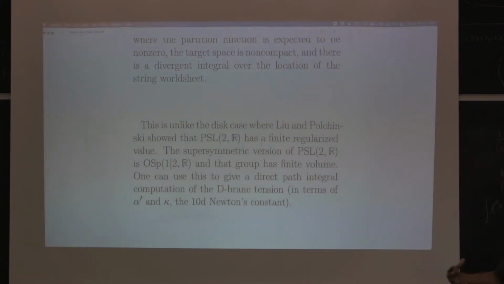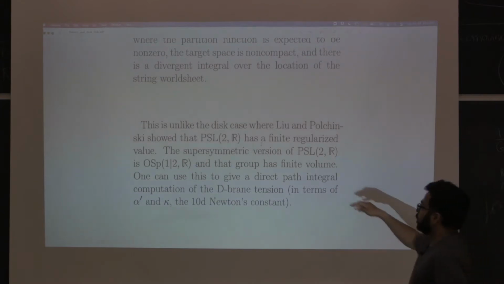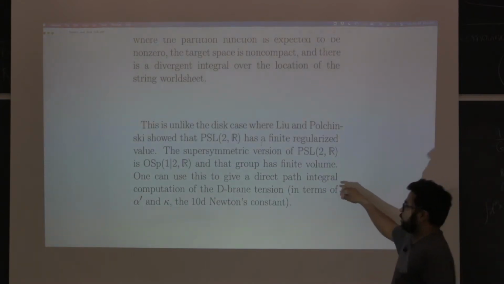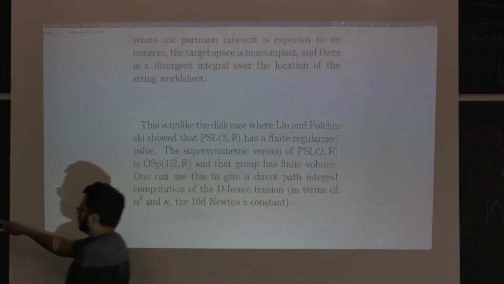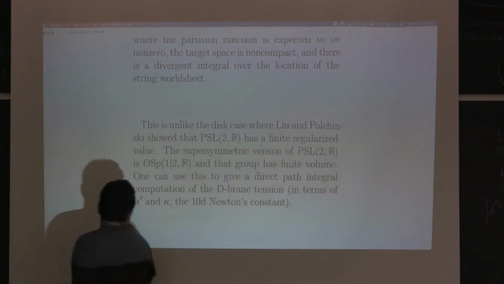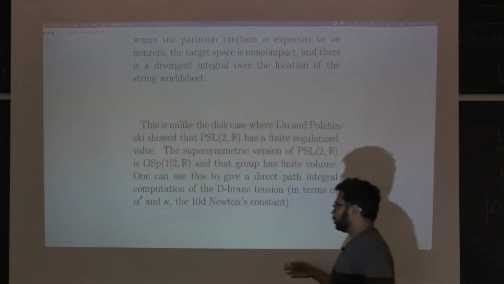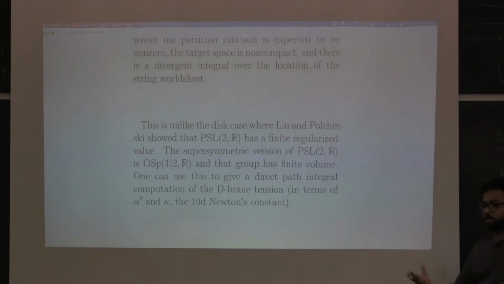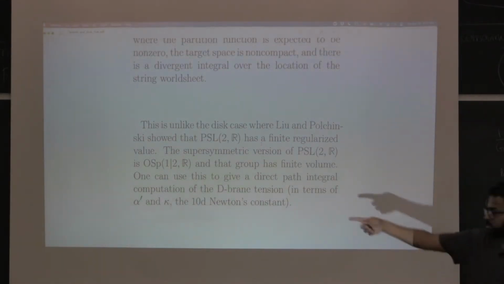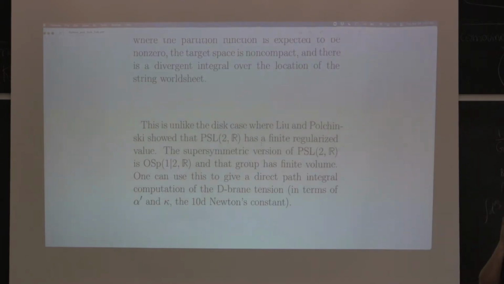So together, the thing has a finite volume. And you can use this to compute the D-brane tension in 10-dimensional superstring theory. It's some number times 1 over the string coupling, and you can compute that number just by computing that path integral over there.